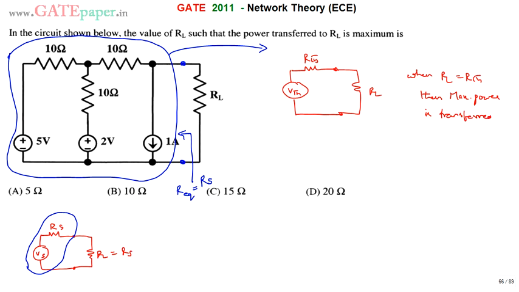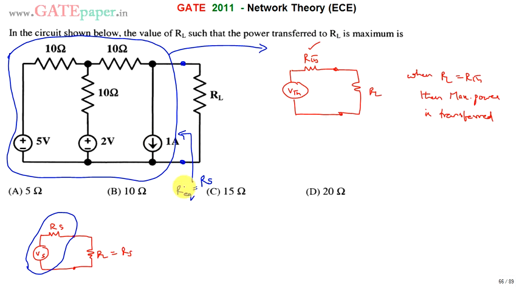We are discussing this maximum power transfer theorem with respect to DC circuits, because the circuit is given with DC sources, not AC sources. Now we are going to calculate the RTH value. We are not interested in the calculation of VTH, only in the calculation of RTH.